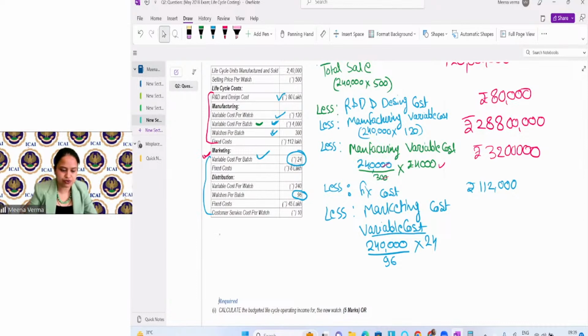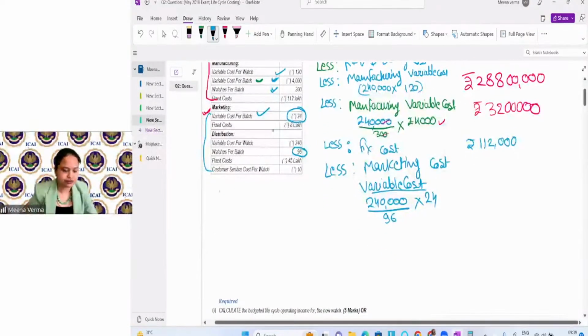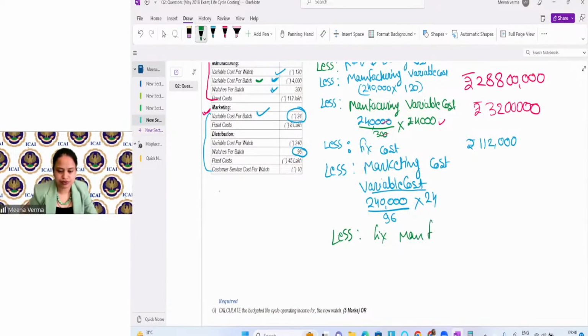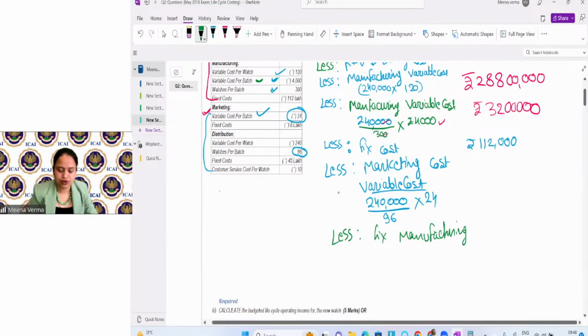Next, after this, what do we have? Fixed cost. Less fixed manufacturing cost. Fixed manufacturing cost is 8 lakh.